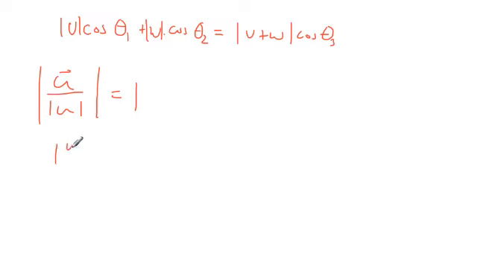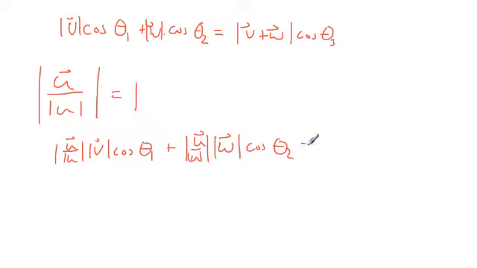So we can say that u over magnitude of u, v cosine theta 1 plus u over u, these should all have little vector hats, because they're all vectors, w cosine theta 2 is equal to u over u, v plus w cosine theta 3.